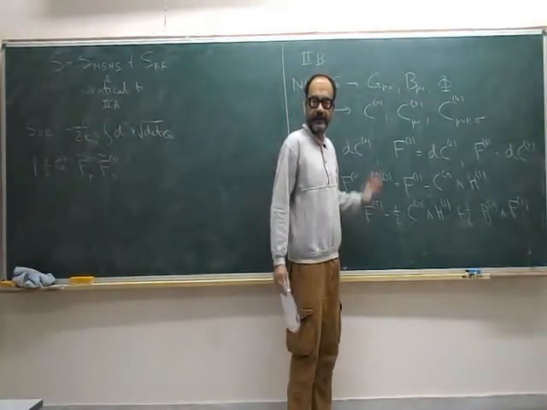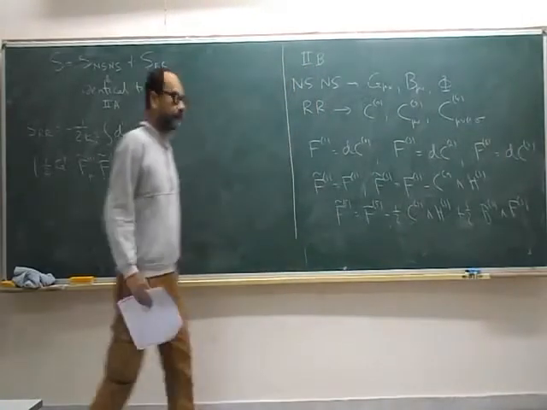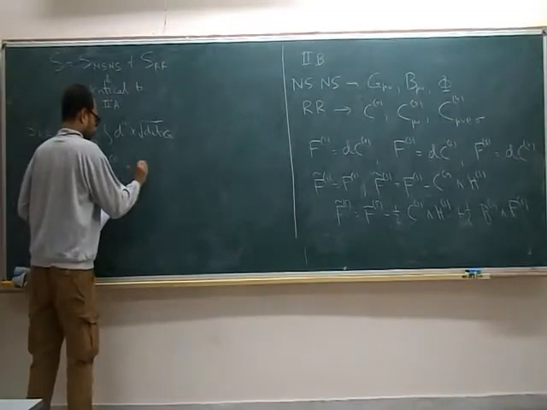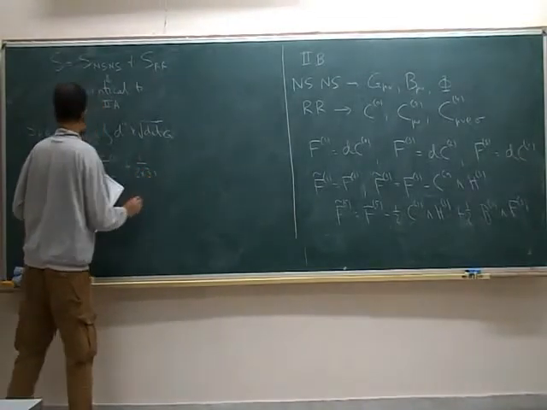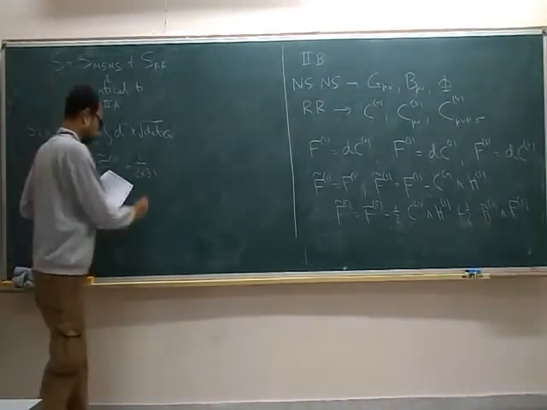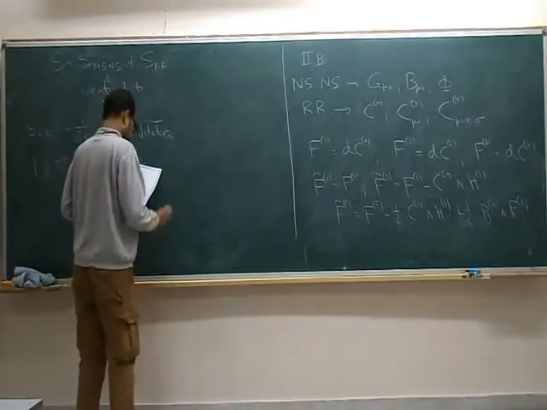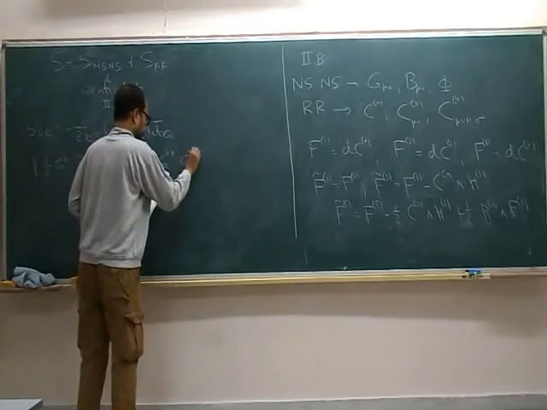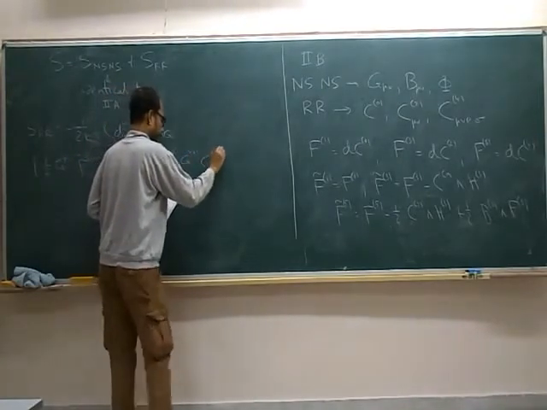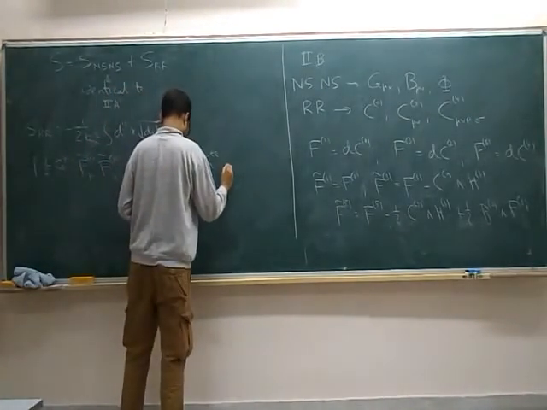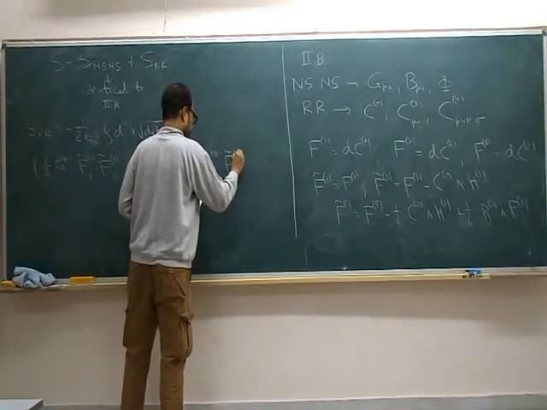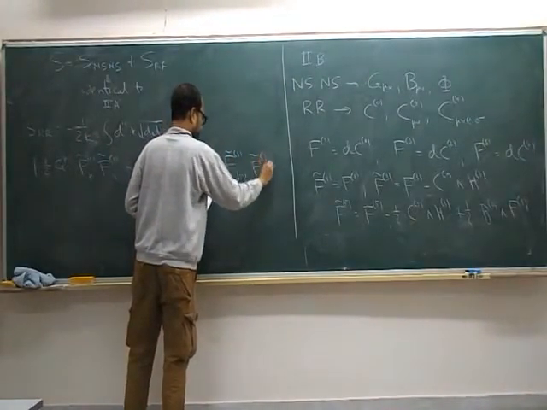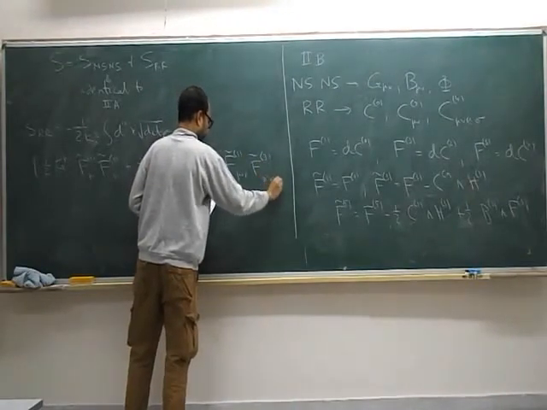It's just a derivative of the scalar field. Plus 1 over 2 times 3 factorial, again minus sign is there, G^{μμ'} G^{νν'} G^{ρρ'} F tilde 3_{μνρ} F tilde 3_{μ'ν'ρ'}.